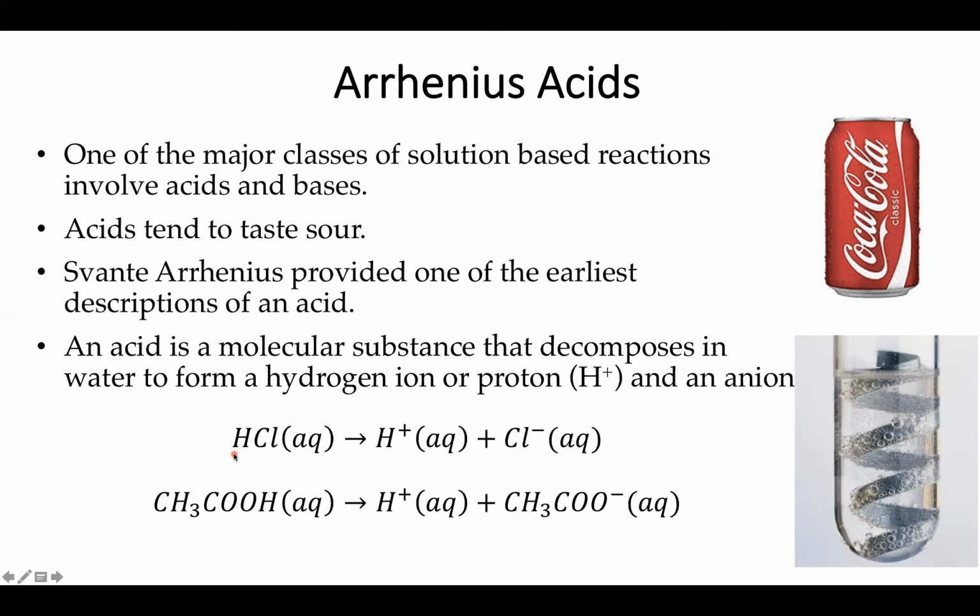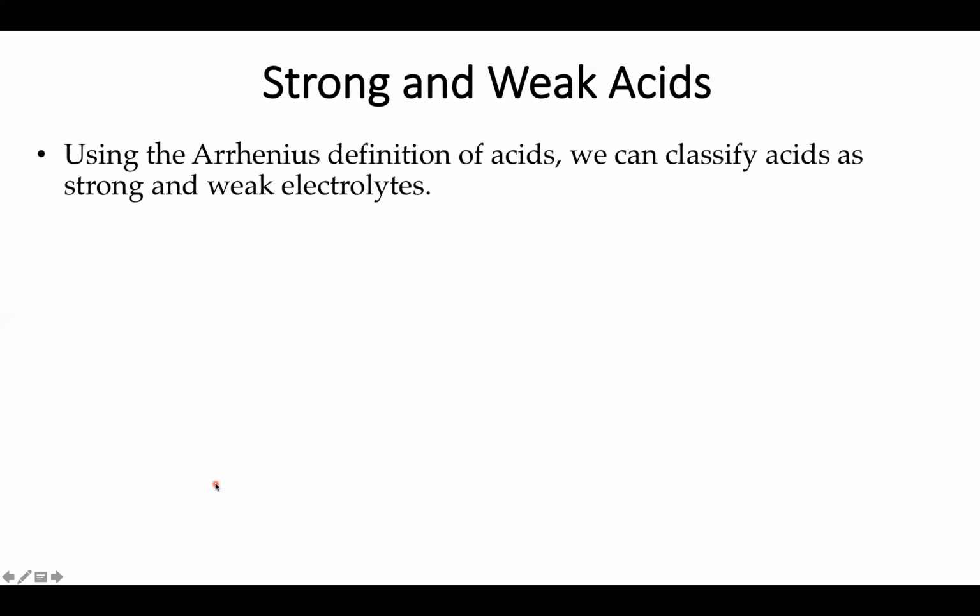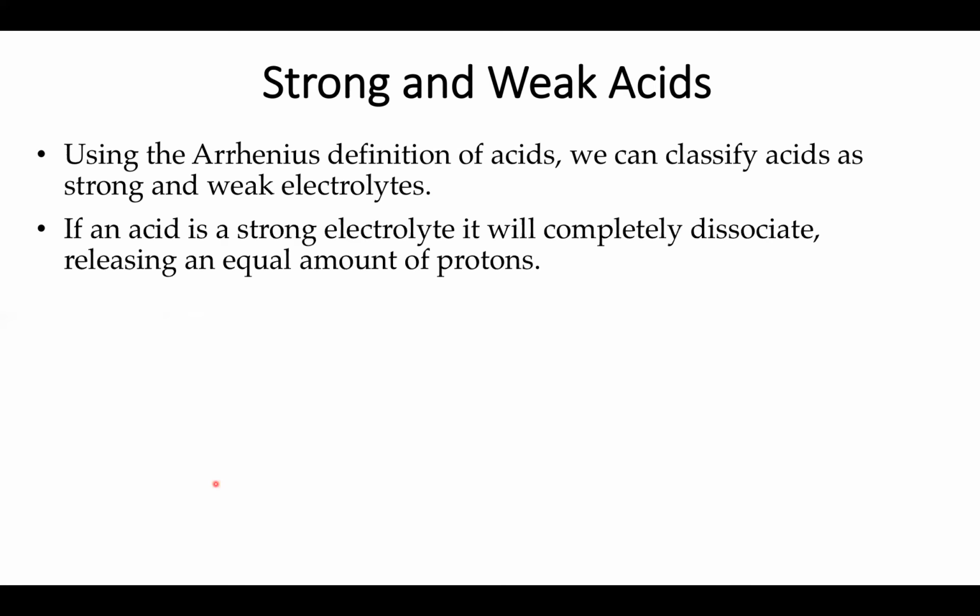But one of the things I also want to emphasize is that if these two examples look relatively familiar, it's because we also use these when talking about electrolytes, because it turns out that under this Arrhenius definition, acids are just a form of electrolytes. Just like a strong electrolyte means you have complete dissociation, same thing with a strong acid.